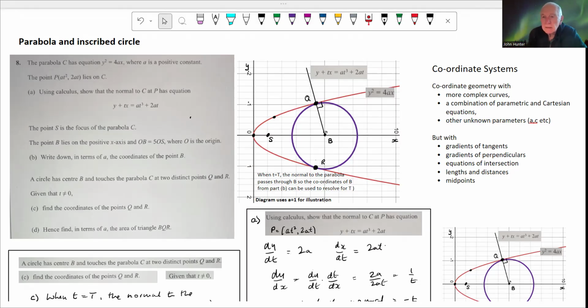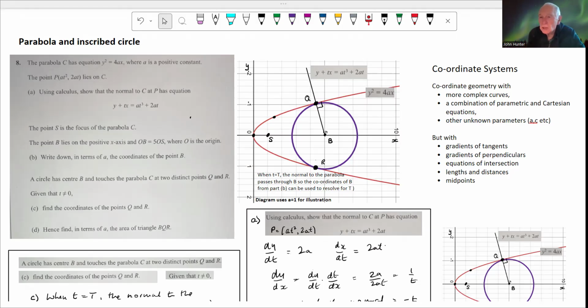But at the end of the day, we're using all the same toolbox that we tend to do with our coordinate geometry problems. We've got gradients of tangents, using calculus to find the gradients of tangents. We've got gradients of perpendiculars. Of course, for the perpendicular, you multiply the gradient by the gradient of the perpendicular, and get -1.